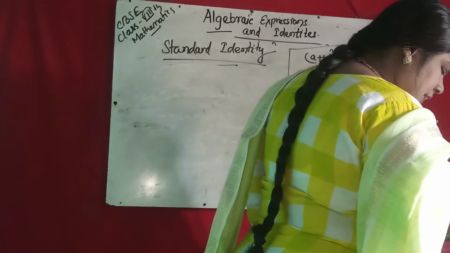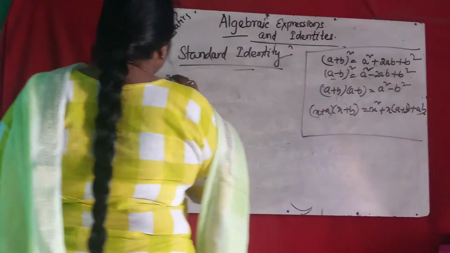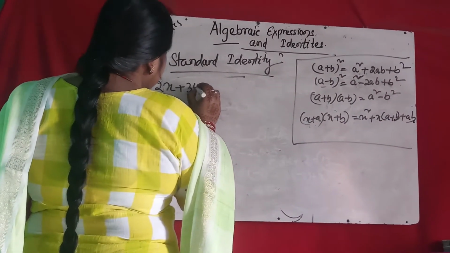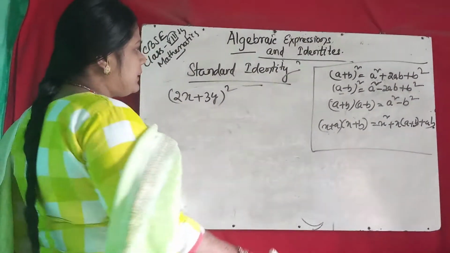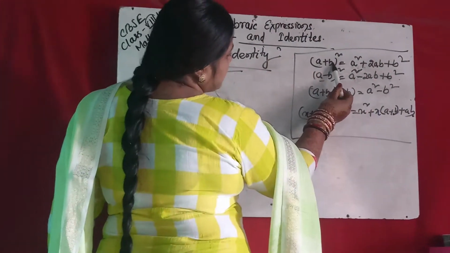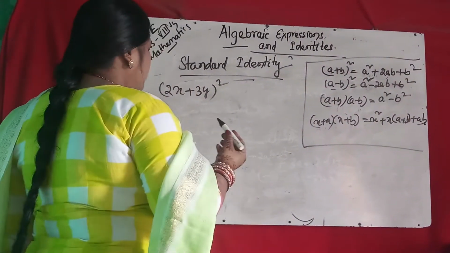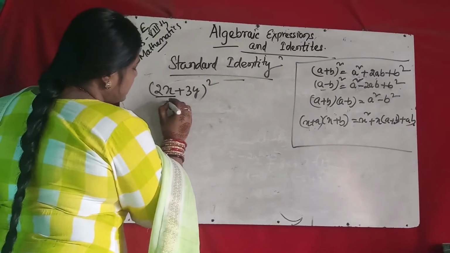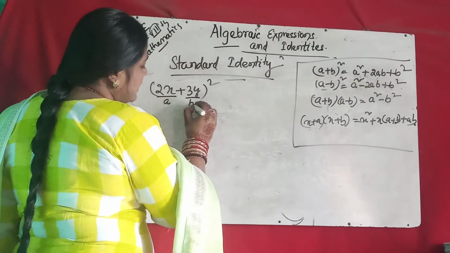Then applying identity. Suppose here given (2x plus 3y) whole square. You know the formula: (a plus b) whole square is a square plus 2ab plus b square. Here 2x we take as a, and here 3y is b.